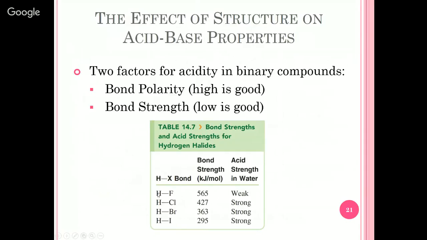Now, electronegativity-wise, HF is actually the most polar bond. However, we see that HF is a weak acid, simply because the bond strength is so much greater. So the bond strength wins over the polarity. The rest of the acids from halogens are strong acids.